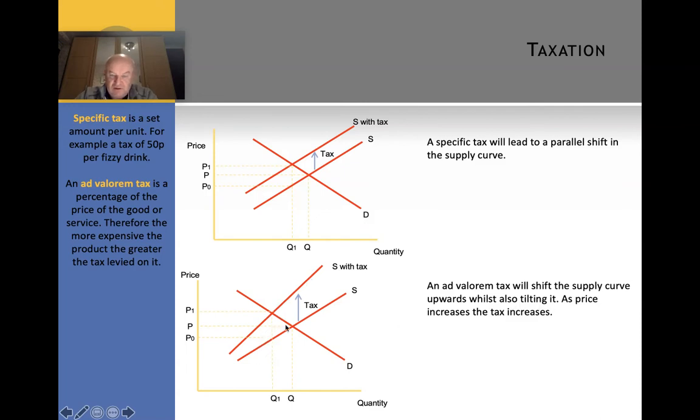Same sort of principle, but because the price is increasing as we go, the level of tax is also increasing because it's a percentage of the overall price. Okay, so it's important to be able to distinguish between those two.